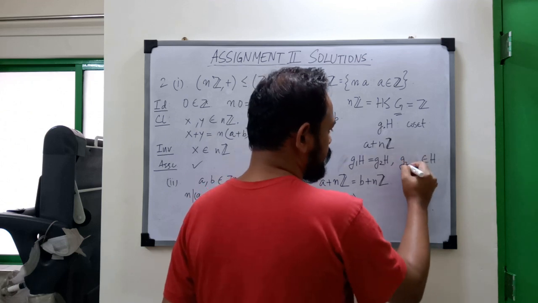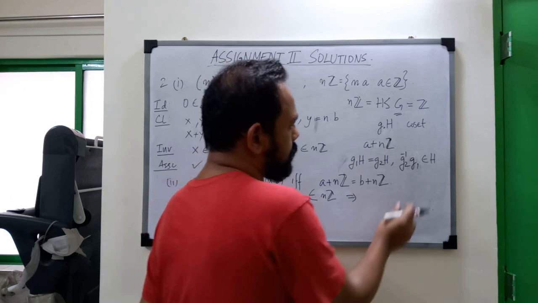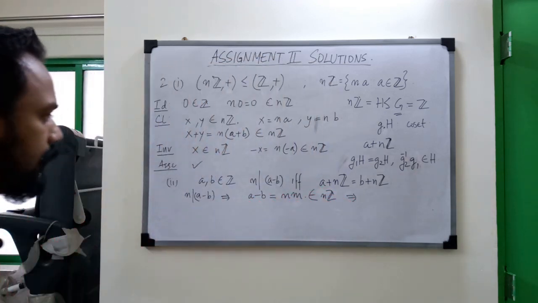Here it was g2 inverse g1, I think that's what we had. g2 inverse g1 was an element of H.